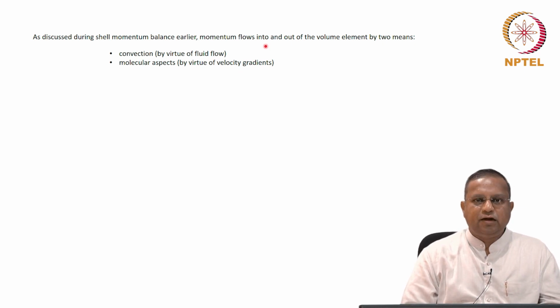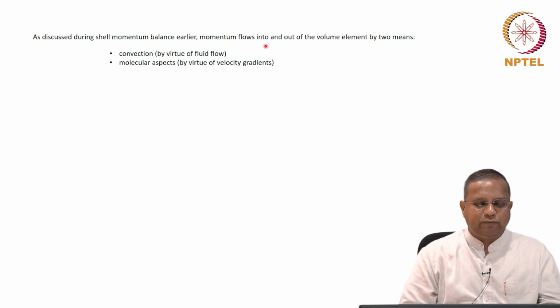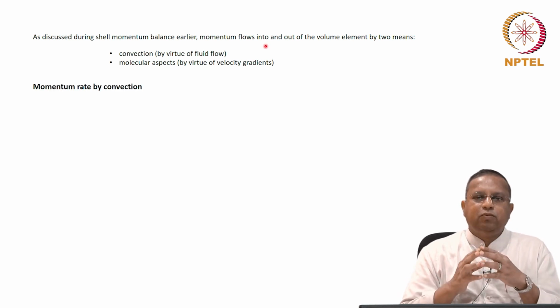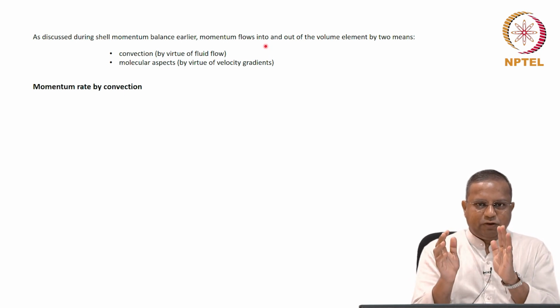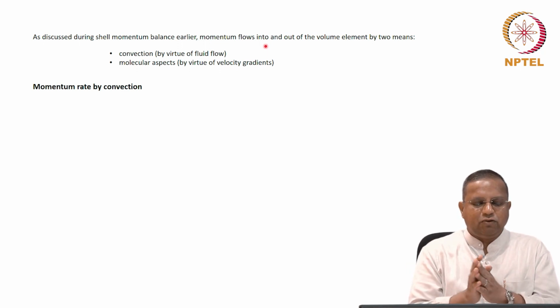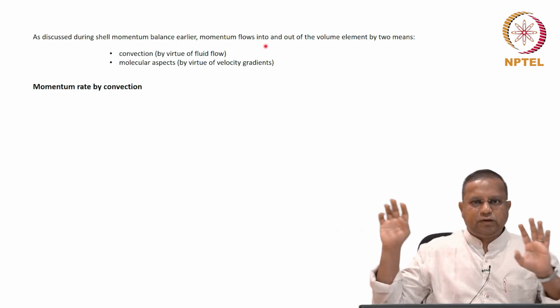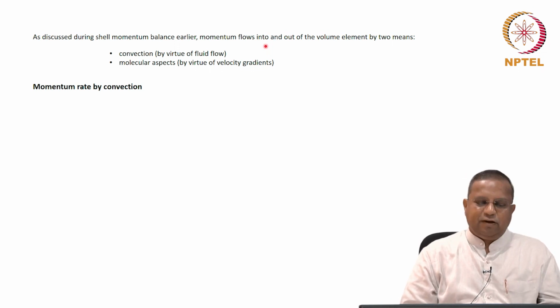Velocity gradients are the driving forces for that mechanism of momentum flux. Let us look at them one by one. We are, again to recall, doing a balance over a cuboidal element in a rectangular Cartesian coordinate space. Momentum moves in and out of that space. So first, by convection.